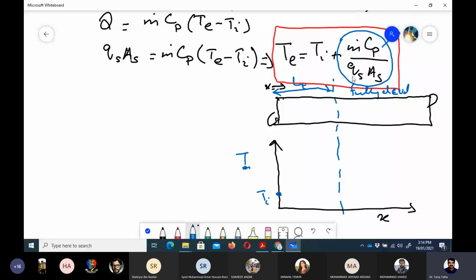So it means that it would increase linearly like this, right? So let me draw it again. Maybe not a very steep slope. So at this point this is Te. Right. Okay, so now if I want to draw Ts, the surface temperature, how can I draw it? Is there any way I can draw it?